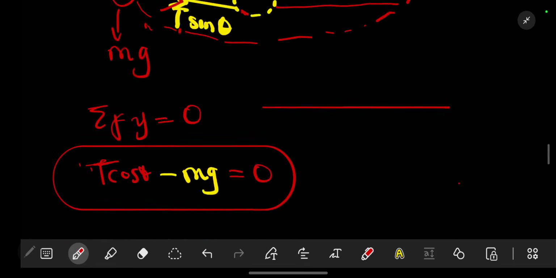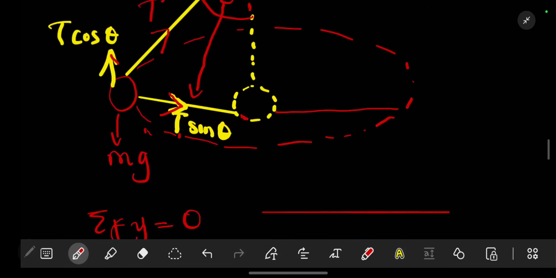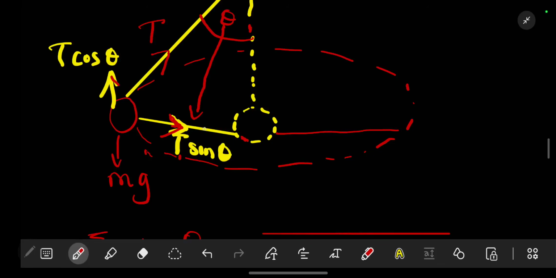Likewise, if we look at the summation of forces in the x, remember this is the x, this is the y. The one acting in the x is the T sine theta. So now this is trying to keep the object in the center, more like it wants to pull the object to the center, so it keeps the object moving in a circular path.